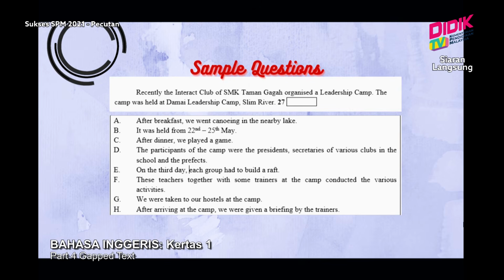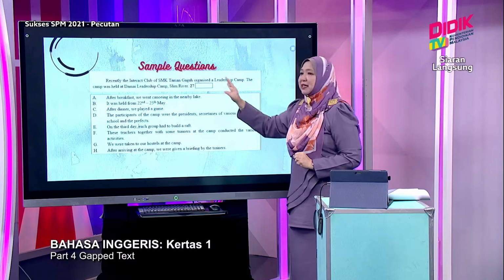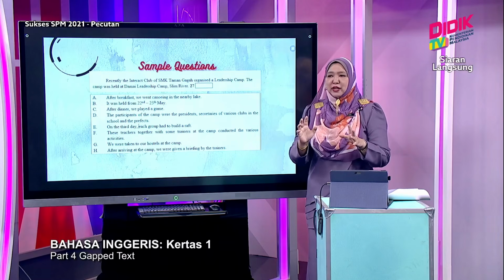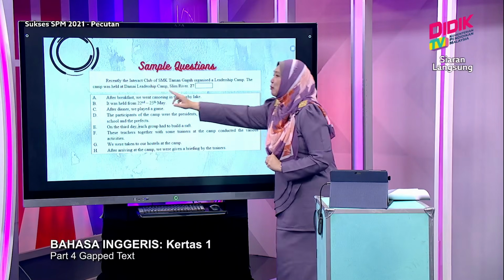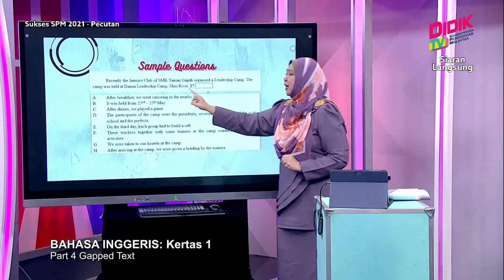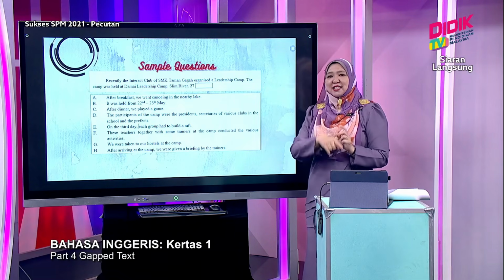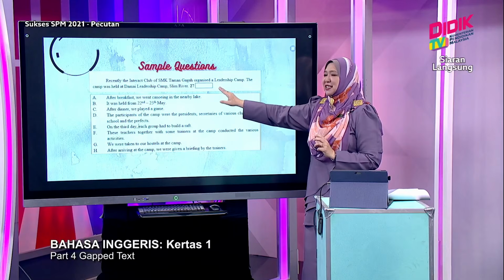So let's read. Recently, the Interact Club of SMK Taman Gaga organized a leadership camp. So, we are going camping. The camp was held at Damai Leadership Camp Slim River. So, what do you think the sentence after this is?